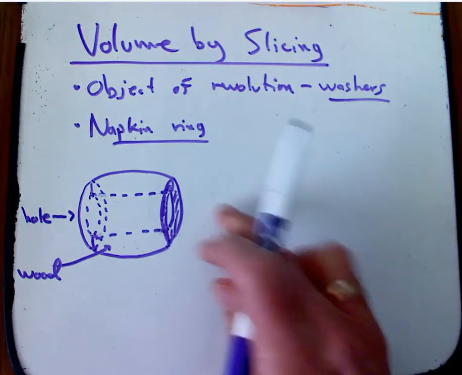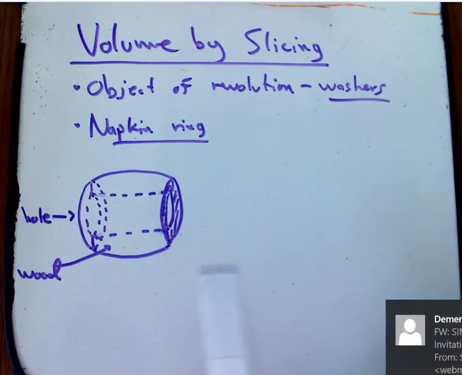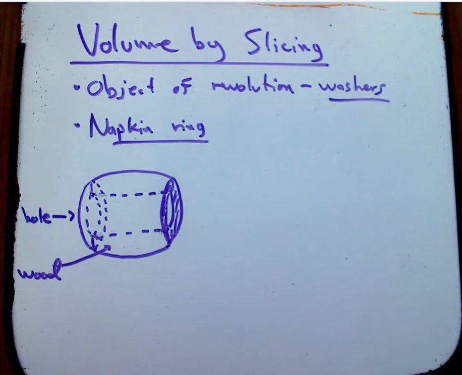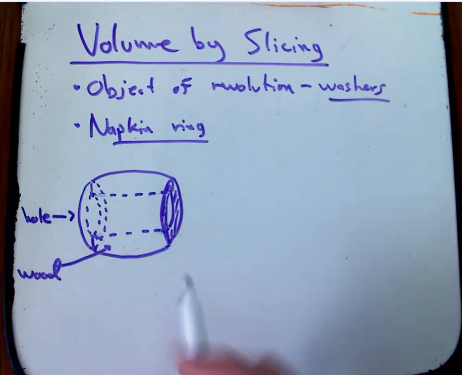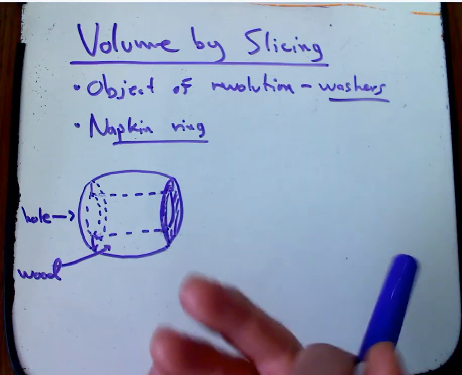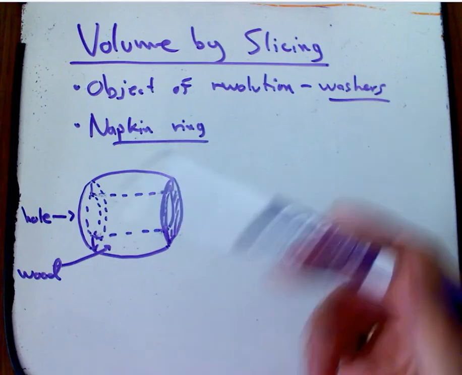One of the things with volumes of revolution that people get confused by or don't like a lot is how they're described. We tend to have them as you take some sort of area in 2 dimensions, and then revolve it around an axis to get a 3-dimensional object.